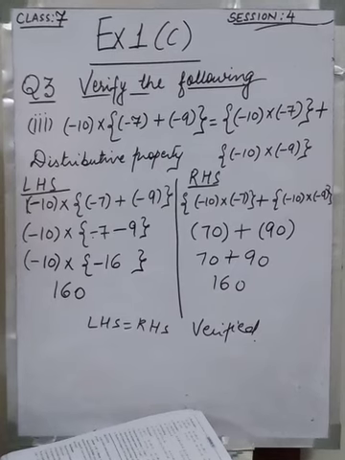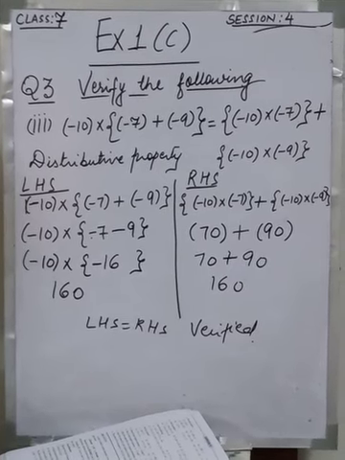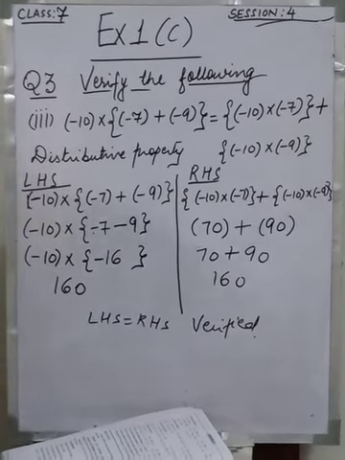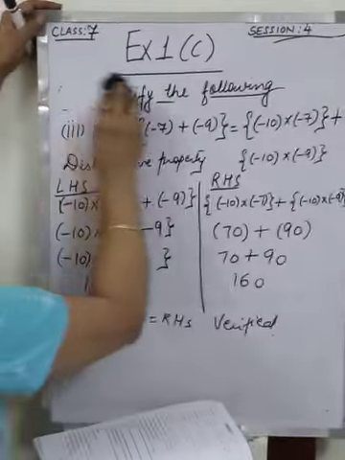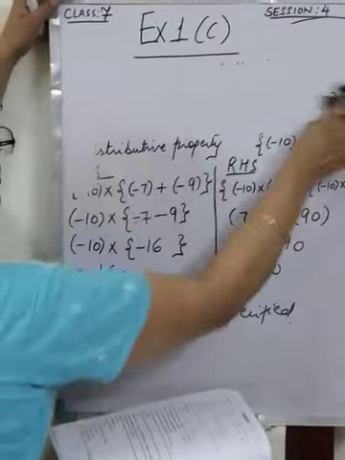Then question number 4, we are looking for the quotient. Before we start solving question number 4, first you will find the rules for division. So I am saying the rules for division.